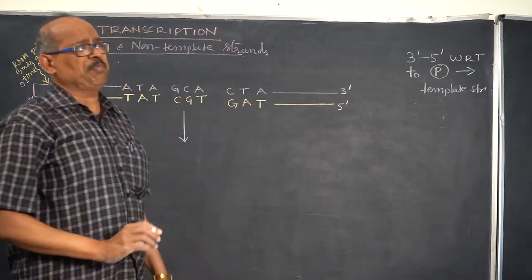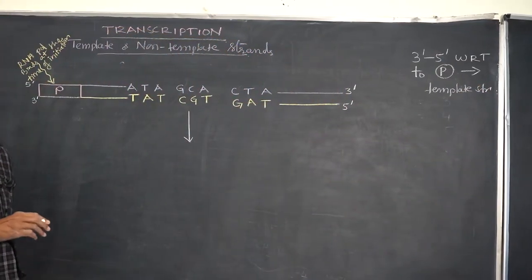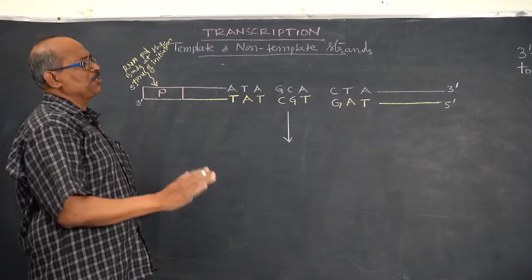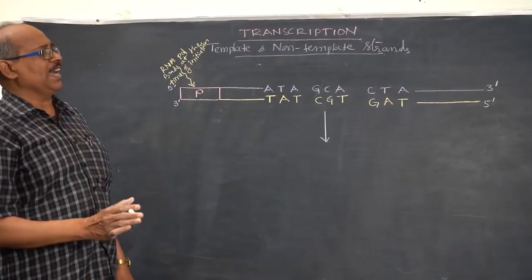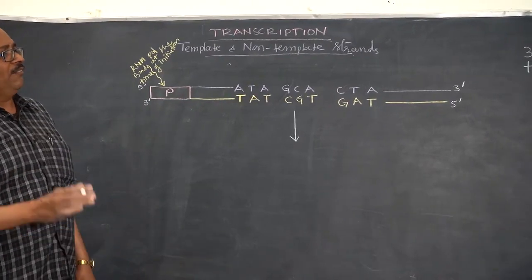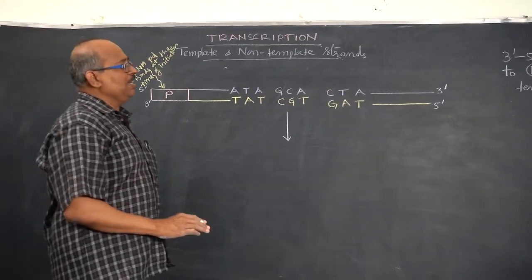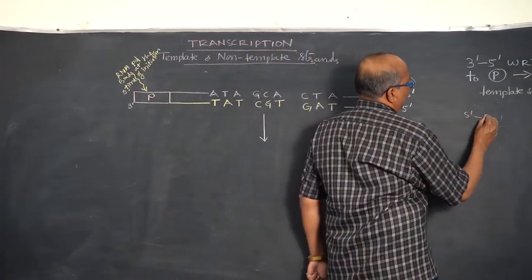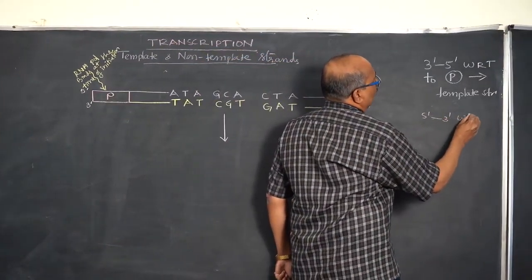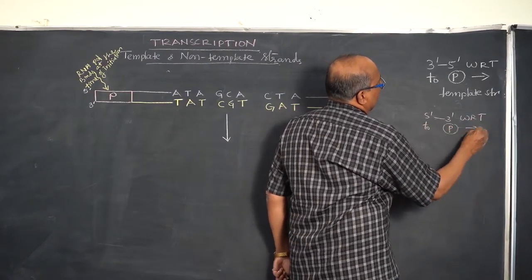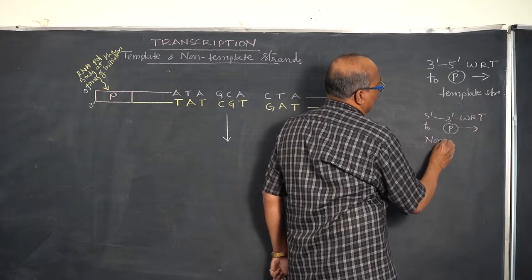This is the simplest law that you have to remember. The DNA strand which is oriented 3' to 5' with respect to the promoter will be acting as a template strand for a given transcription. Whereas the strand which is oriented 5' to 3' with respect to promoter will act as non-template strand.